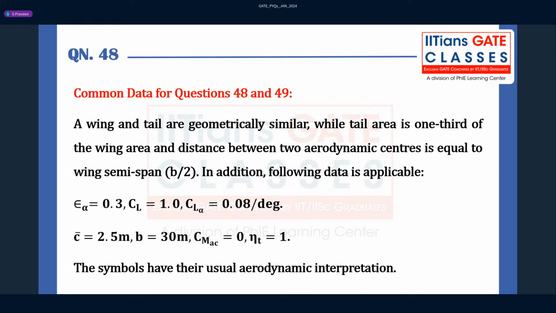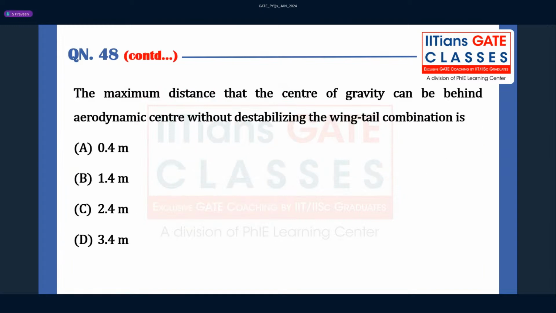CL is 1, CL alpha is 0.08 per degree, C bar is 2.5 meter, b is 30 meter, CMAC is 0, eta T is 1. The symbols have their usual aerodynamic interpretation. The maximum distance that the center of gravity can be behind the aerodynamic center without destabilizing the wing tail configuration is dash. The four options are 0.4 meter, 1.4 meter, 2.4 meter, and 3.4 meter.